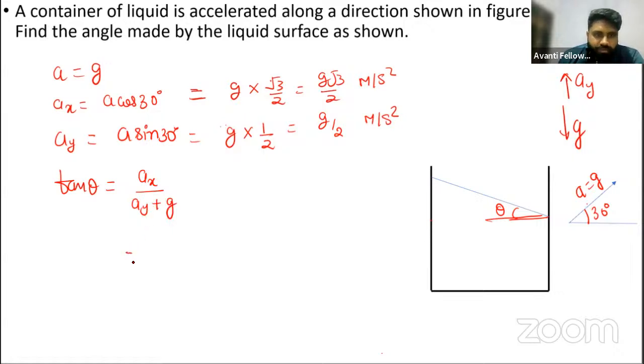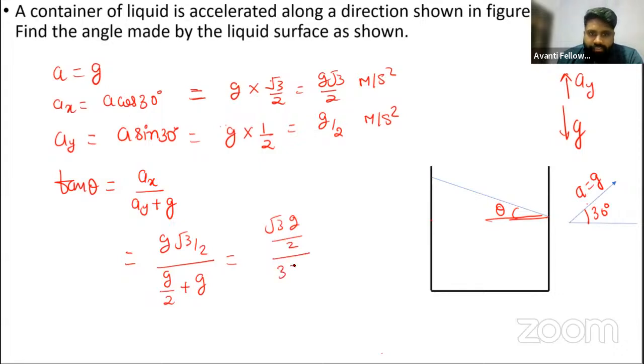AX is g root 3 by 2, and AY is g by 2, plus g. So root 3 g by 2 divided by 3g by 2. g by 2, g by 2 will cancel out. It will become root 3 by 3, which equals 1 by root 3.